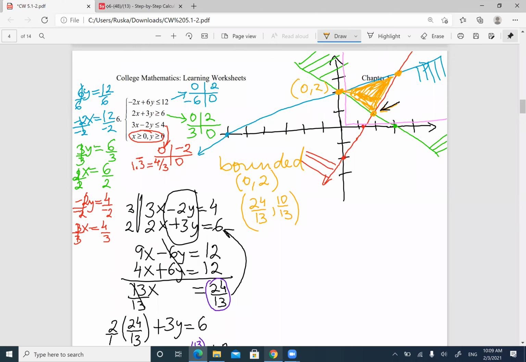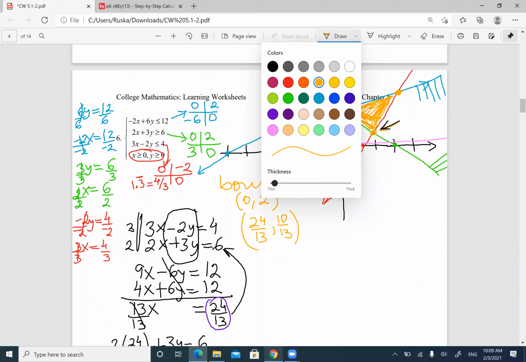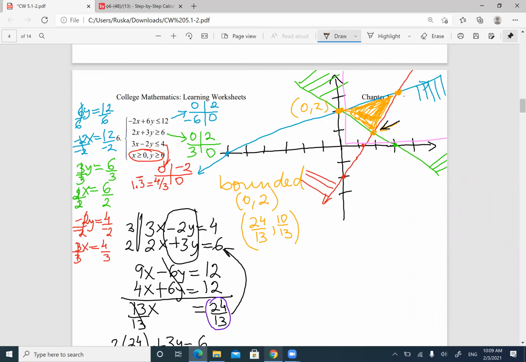Let's see what else we need to find. We need to find the third corner point. I'm going to use brown. So we're going to find this one here. This point is the intersection between the blue and the red line.